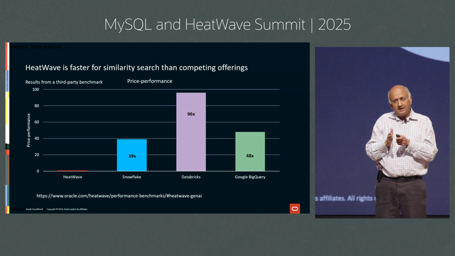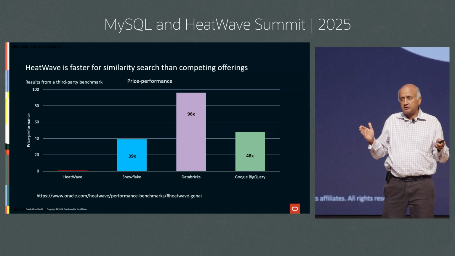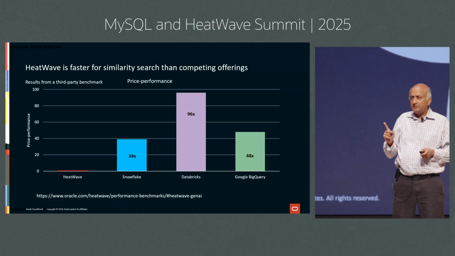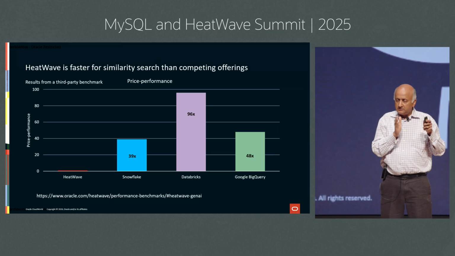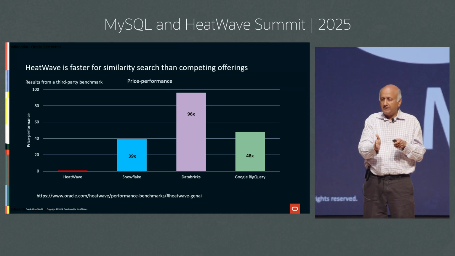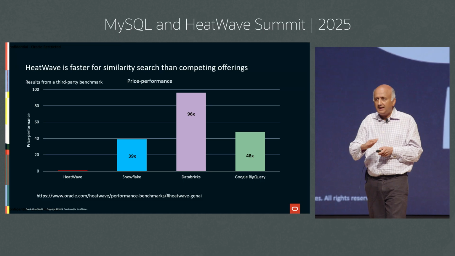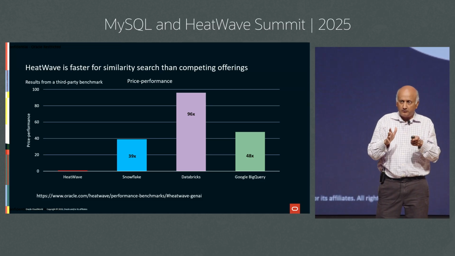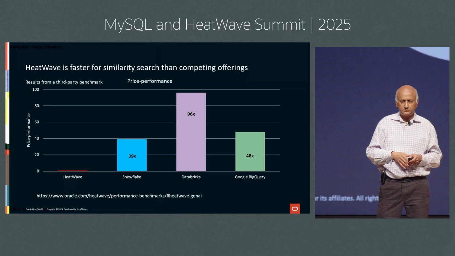And secondly, we can scale, we can parallelize across multiple nodes. This is a performance comparison, or price performance, with a single node. Just taking one node of HeatWave and comparing with Snowflake, Databricks, and BigQuery, you can see that HeatWave offers much better price performance compared to any other vendor for distance function.